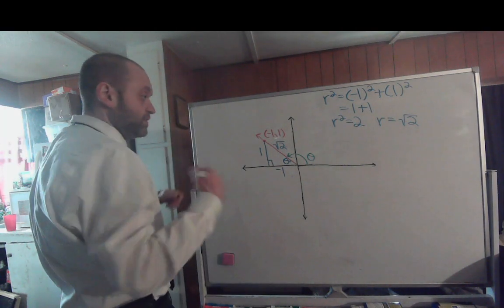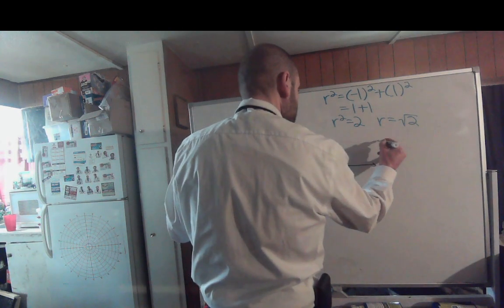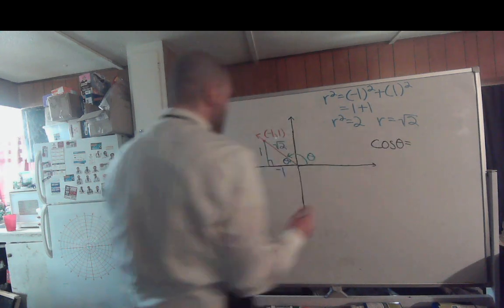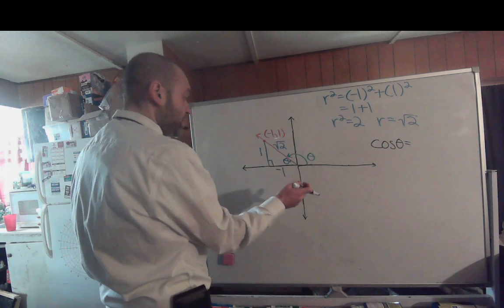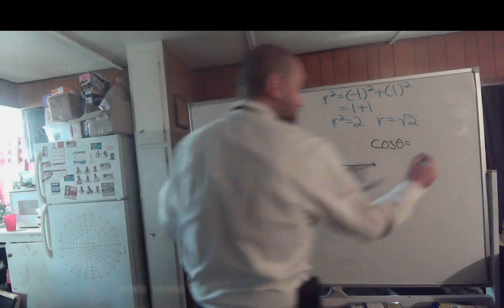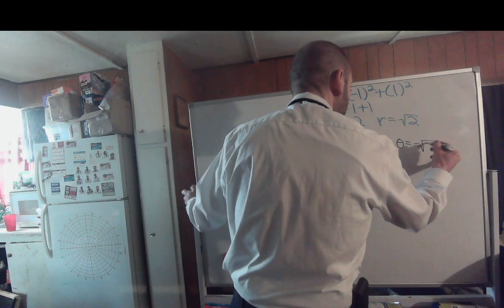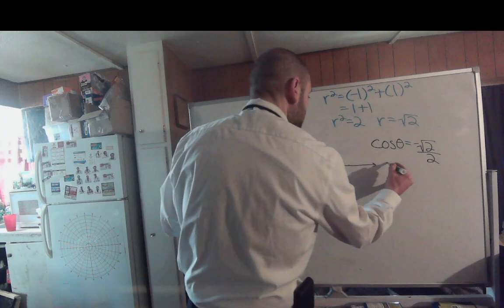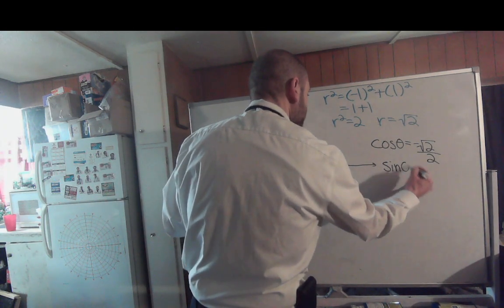Now we can go ahead and find the value of the 6 trig functions. So the cosine of theta equals your adjacent over your hypotenuse, negative 1 over the square root of 2, that would be negative of the square root of 2 over 2. Now let's find the sine of theta.